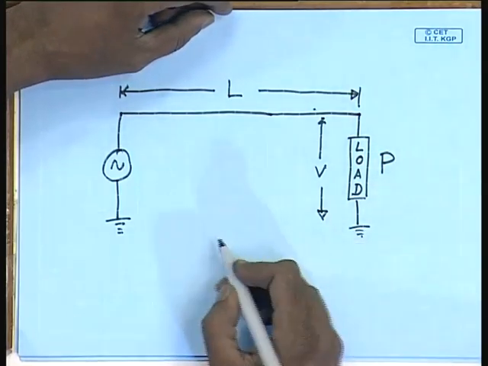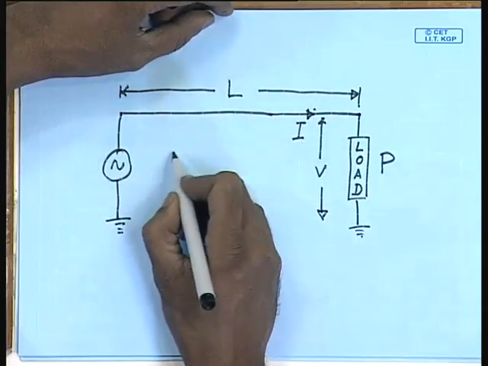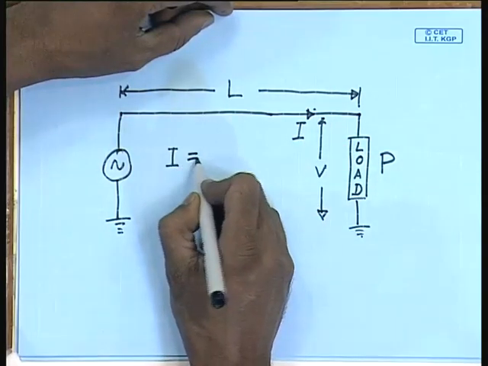You can easily find out the current drawn by the load, I, is given by P by V.